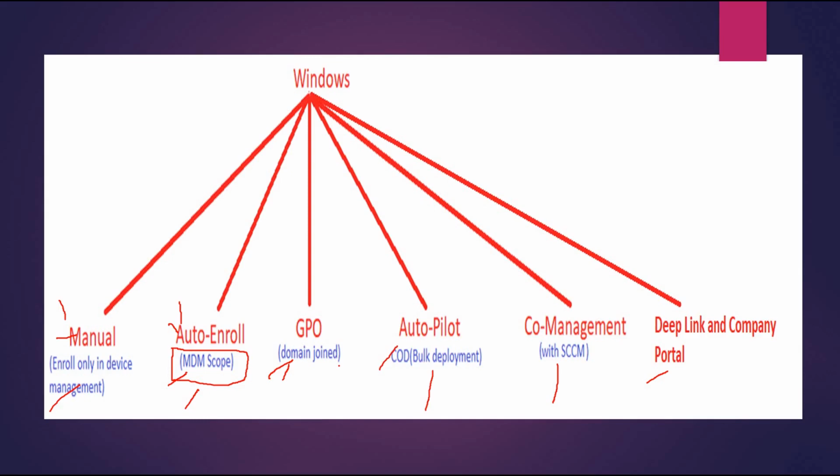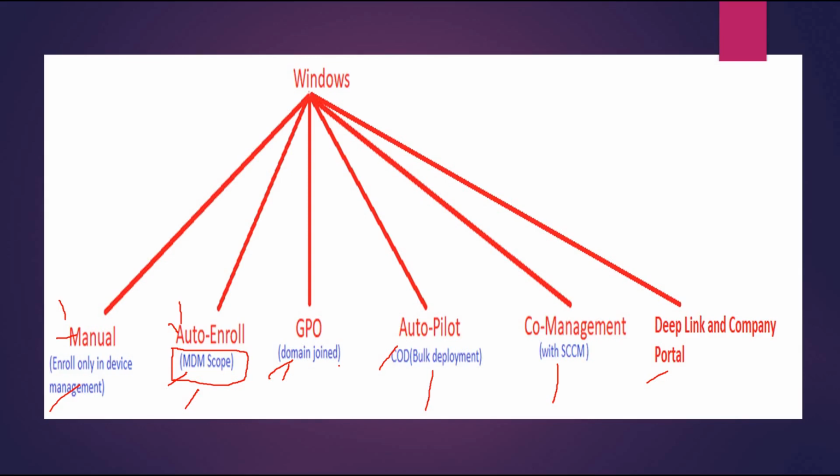But in case of Autopilot, this is basically for provisioning of a Windows 10 device. So what we do is we customize the out of the box experience of a brand new Windows 10 device, and as a part of customization of that out of the box experience, the device gets Azure AD joined and enrolled to Intune.